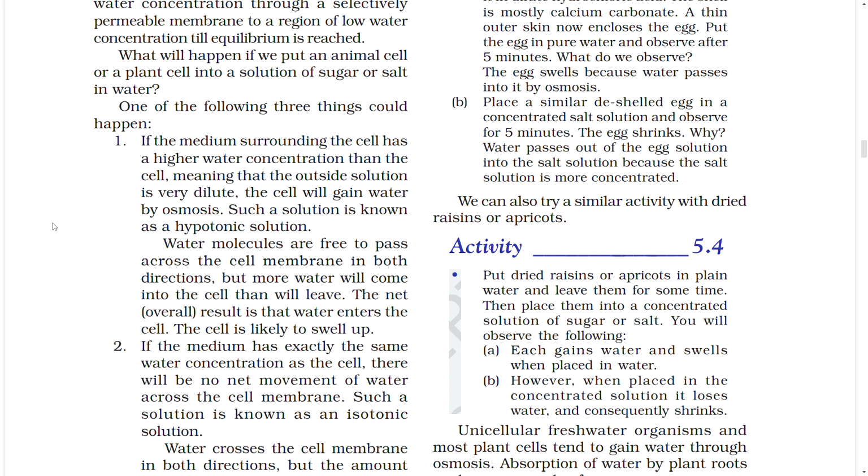Such a solution is known as a hypotonic solution. Water molecules are free to pass across the cell membrane in both directions, but more water will come into the cell than will leave. The net overall result is that water enters the cell, and the cell is likely to swell up.